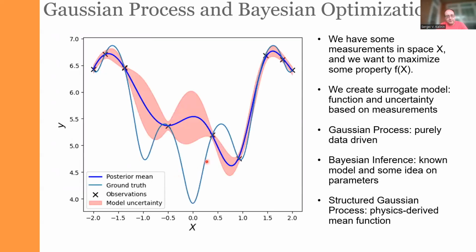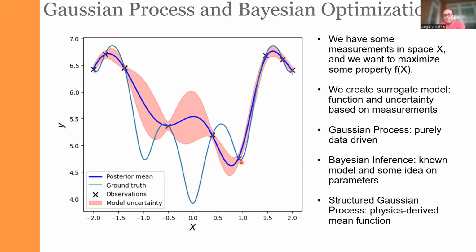Nonetheless, for Gaussian processes, we looked at examples of how it works. So we assume we have some ground truth function. We don't have access to it, but we want to discover it. We've done some measurements. Based on these measurements, we can reconstruct the function and its uncertainty.